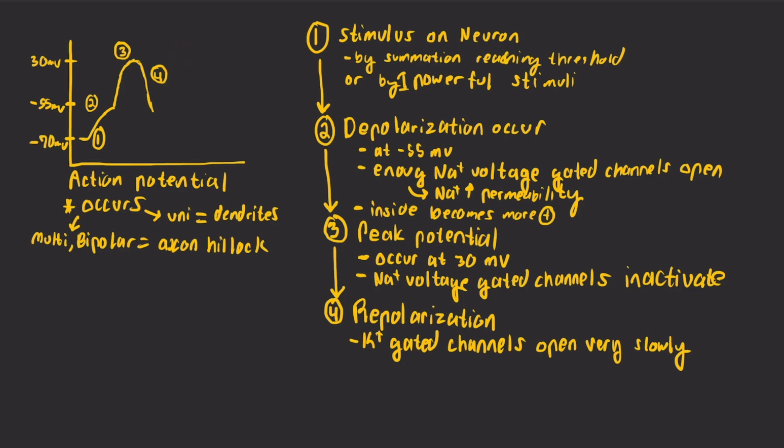So the potassium voltage gated channels will open slowly. Obviously, this will cause an increase in permeability in potassium. Sorry, I spelled that wrong. There is an increase in permeability in potassium. We have more potassium voltage gated channels open.